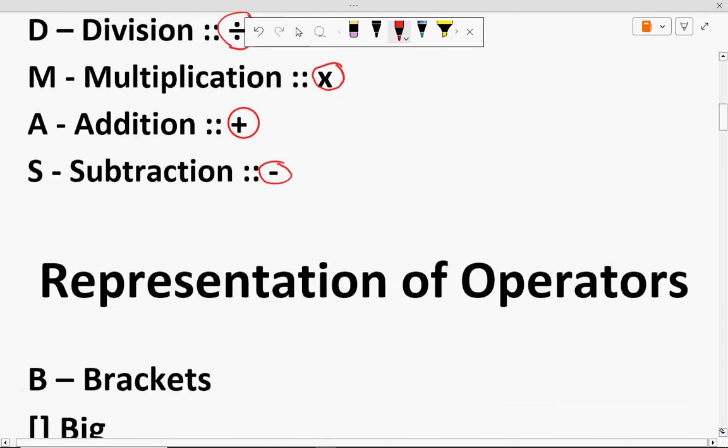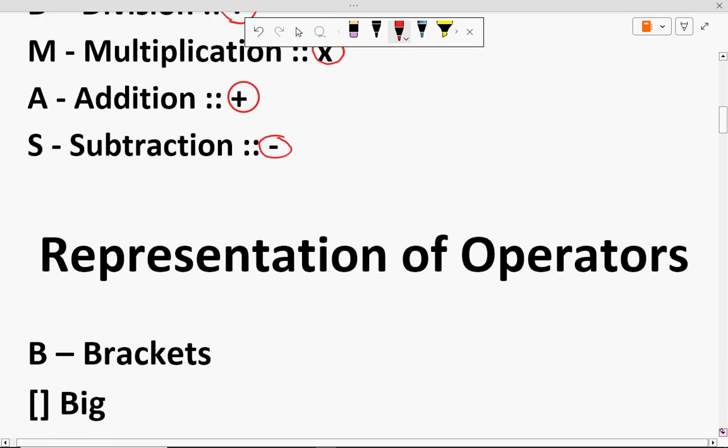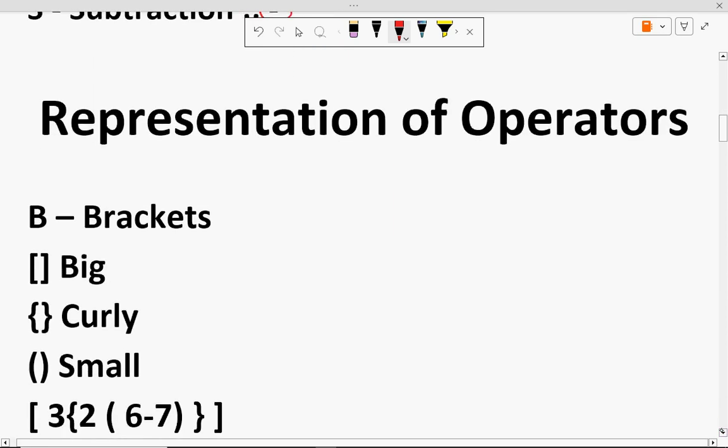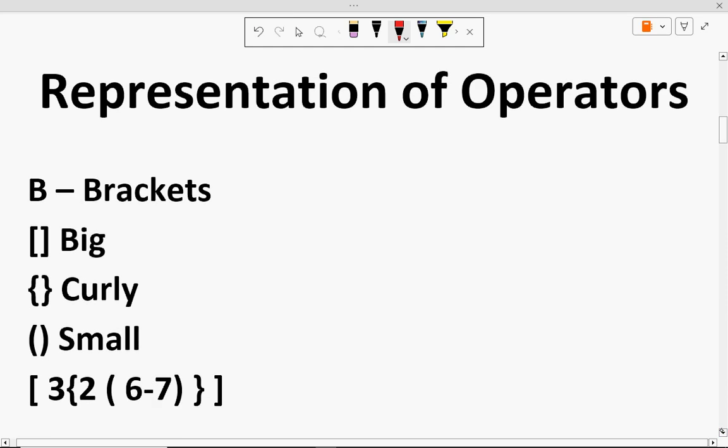Let us go to the presentation of these operators. B, as we know, is the bracket. So big bracket, curly bracket, and small bracket. In the expression, these brackets altogether are presented like this.